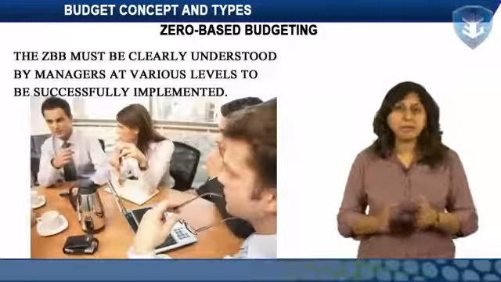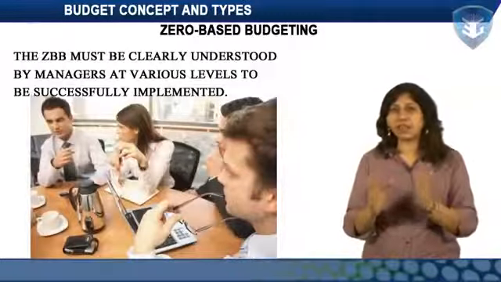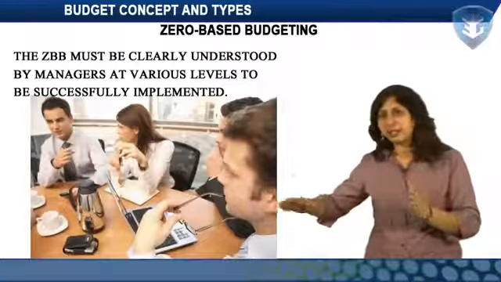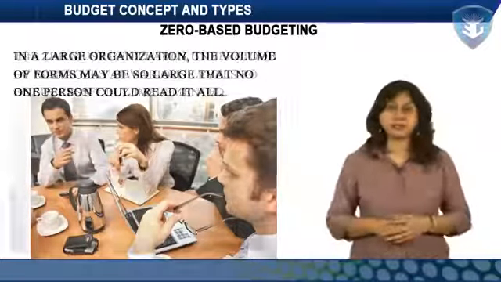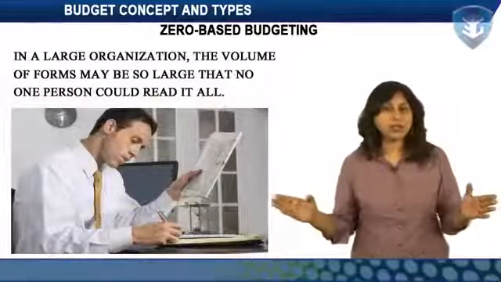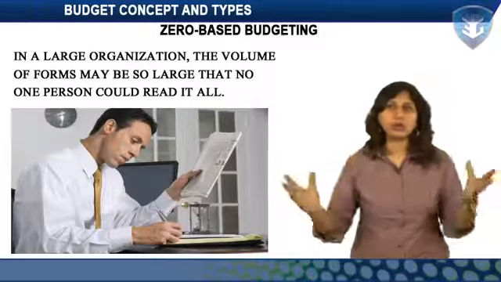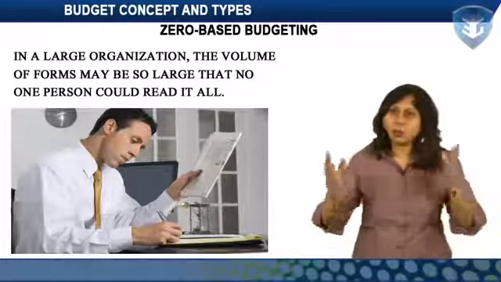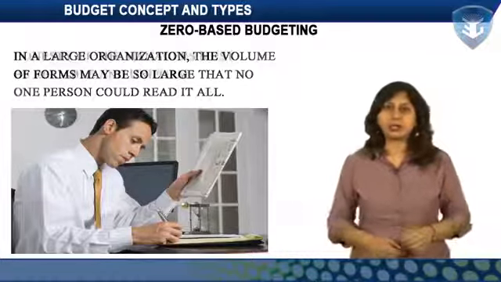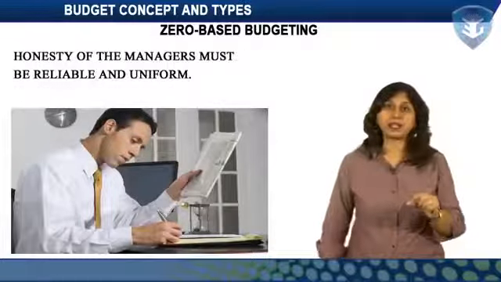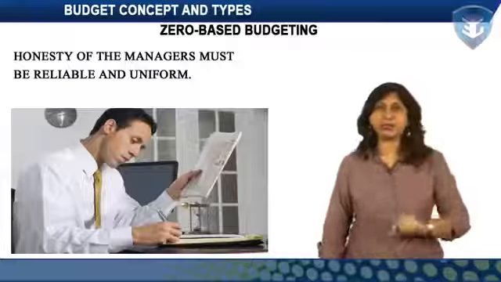The ZBB must be clearly understood by managers at various levels to be successfully implemented. In a large organization, the volume of forms may be so large that no one person could read it all. Honesty of the managers must be reliable and uniform. Summary.